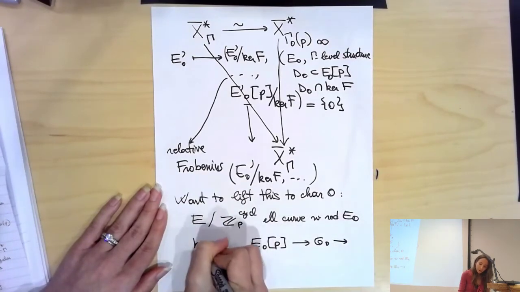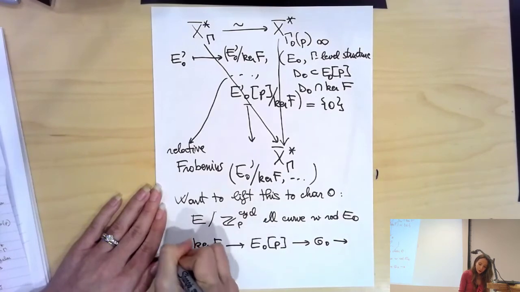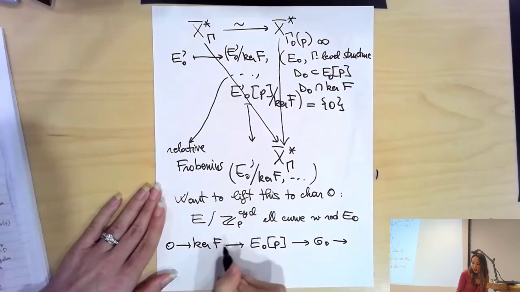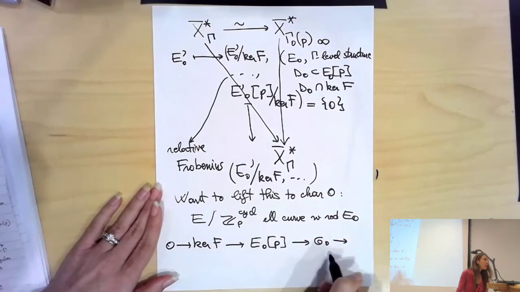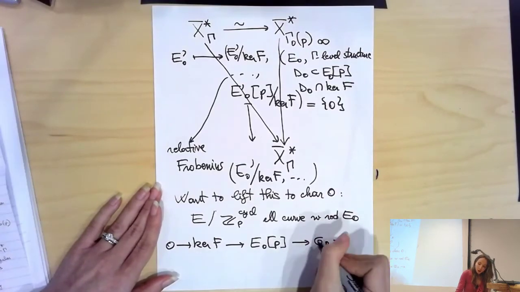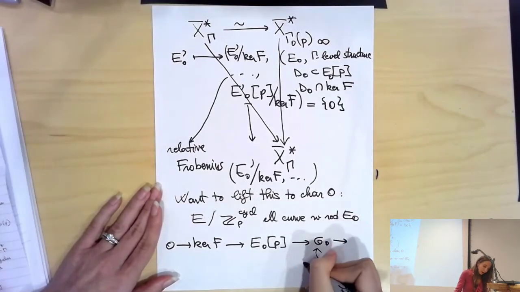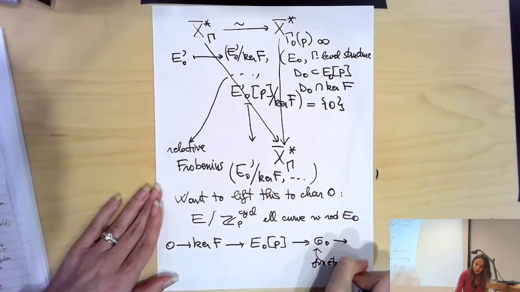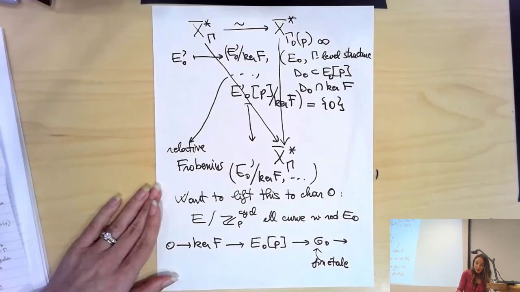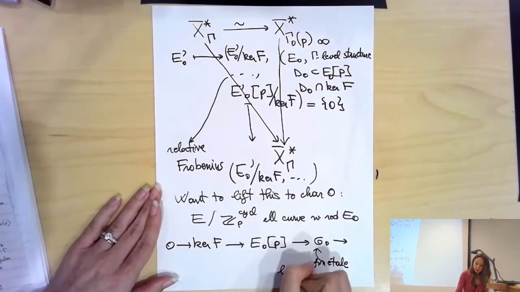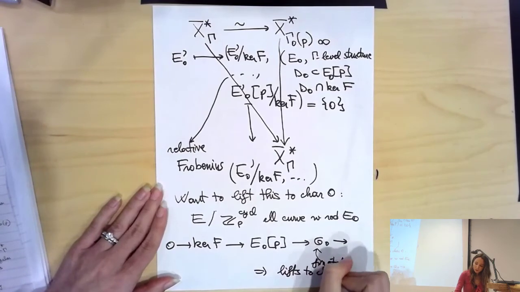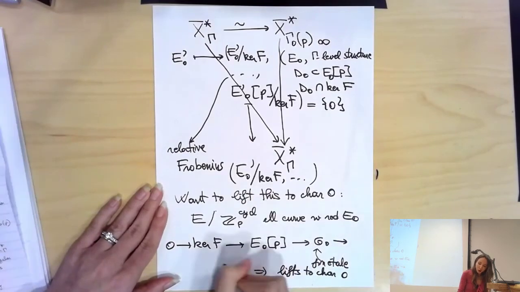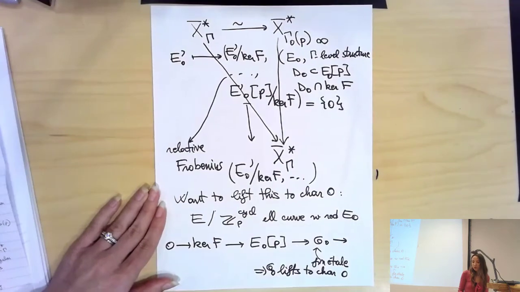The kernel of the Frobenius isogeny is a subgroup, and the quotient is some G naught. So this G naught is a finite étale group scheme. Because of this, G naught lifts to characteristic 0.